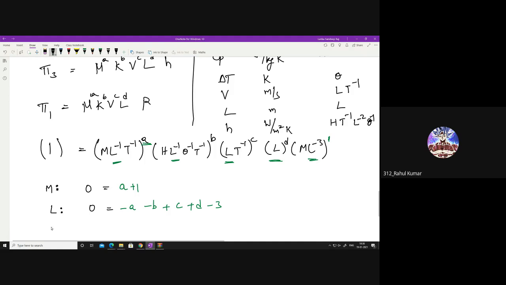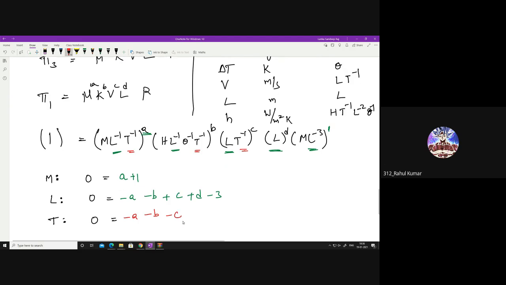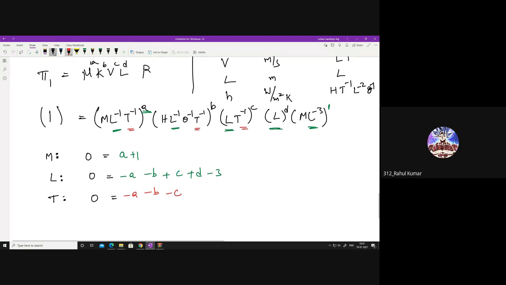Move to the story of T, that is the time. Left hand side anyway it is 0. Moving to the right hand side, T you have one here, one here, one here, so three times it is there. It is minus A here, minus B here, minus C here. So MLT is over. Then let's move to theta.